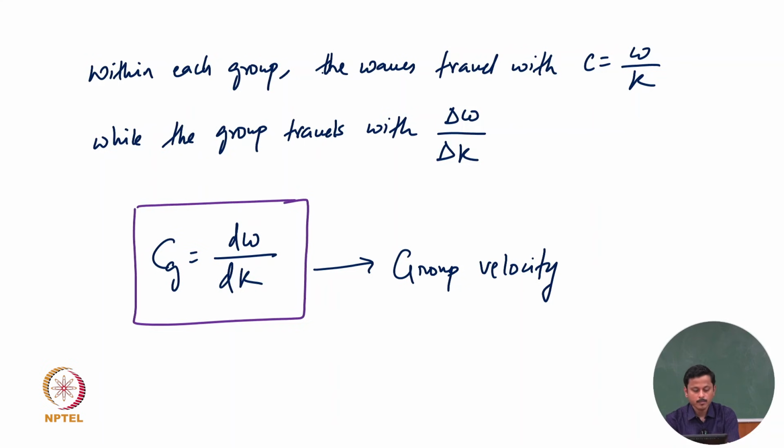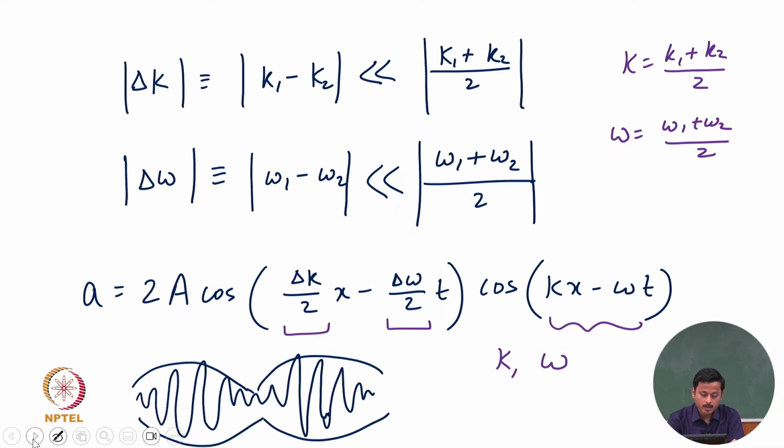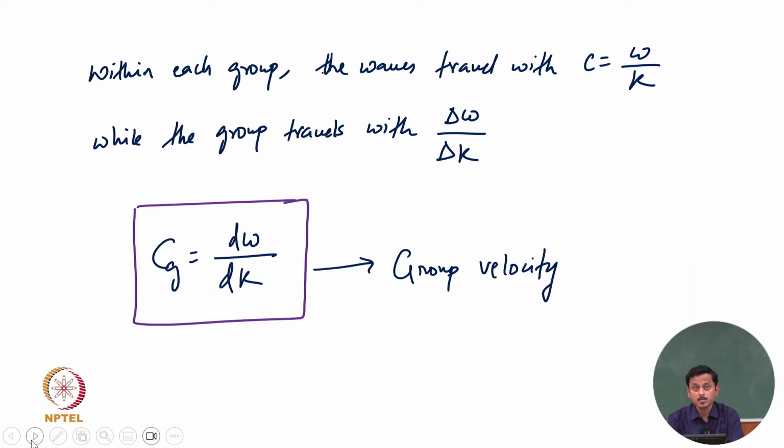The first wave is traveling at a certain speed, omega by k1, and the second wave with omega by k2, but the combination gives rise to packets of waves, and the energy is taken away by this ratio of the separation of the frequencies to the separation of the wave numbers.